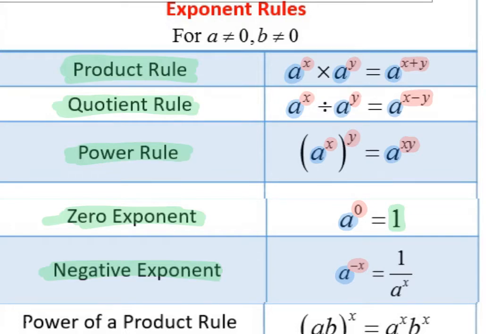Notice here, remember that we always have a 1 under anything that doesn't have a denominator, so this is not a fraction, so I put a 1 over it. My rule says that I flip it, or I do the reciprocal, and now I have 1 over a to the x, which means that my exponent now becomes positive.